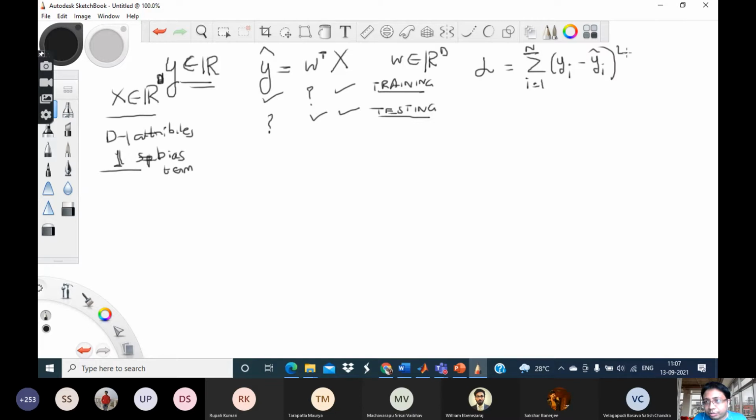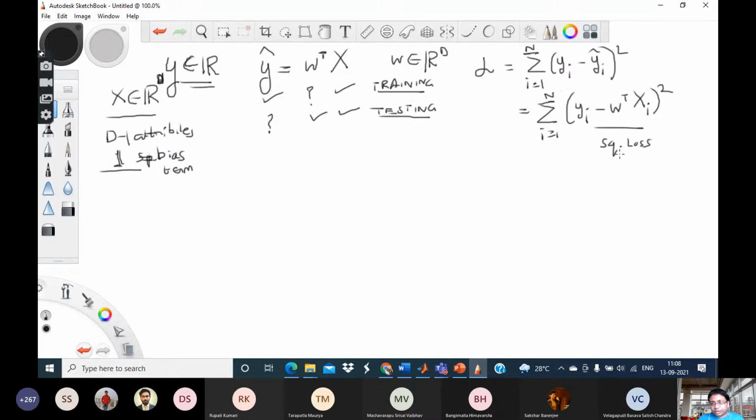And what is the predicted value of y according to our algorithm? What is yi hat according to linear regression? w transpose x, not x, xi. I am considering the ith example, so I must write xi. Okay, so this is my loss function, which I call my squared loss.